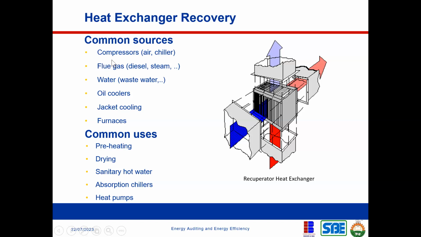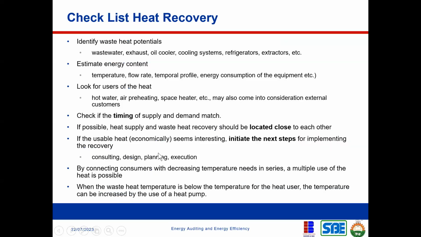So you have flue gas, we've talked about flue gas. You talk about water, wastewater, oil jackets. Now these are all sources of heat, and these are common uses. What could you do if you're able to recover some of this heat? What would you do with it? So first is preheating, drying, sanitary hot water, absorption chiller, heat pump, and all of that.